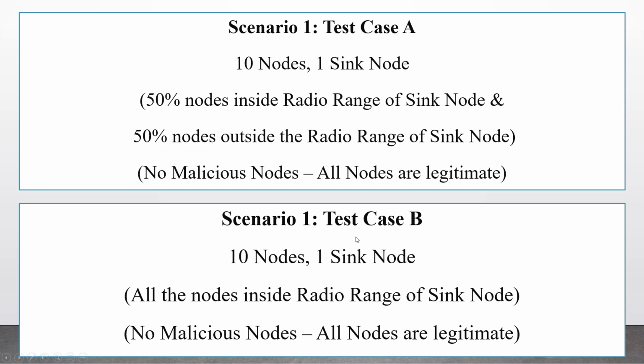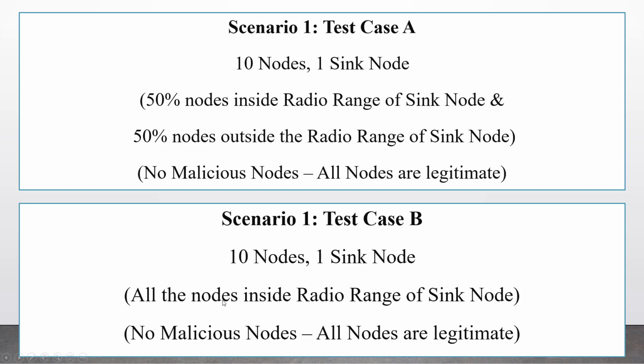Now let me go for test case B. In test case B, you can see I'm going to have the same 10 nodes and one sink node. I already explained what the sink node and the nodes are: these are the IoT nodes, and this is the border router. Now I'm putting all the nodes inside the radio range of the sink node.